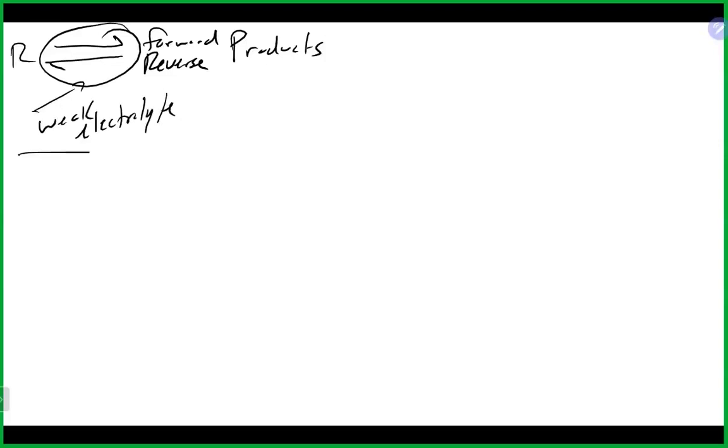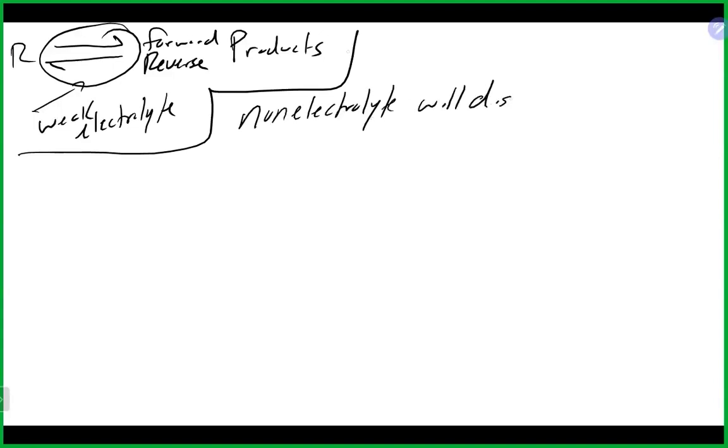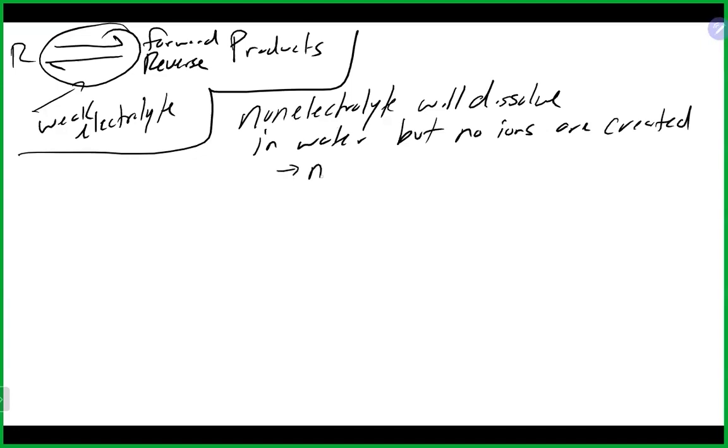Lastly, there is a non-electrolyte. A non-electrolyte will dissolve in water, but no ions are created. And because it does not create any ions, it will not conduct electricity. Sugar, right? Sugar is a covalent compound, as we saw earlier: carbons, hydrogens, oxygens.